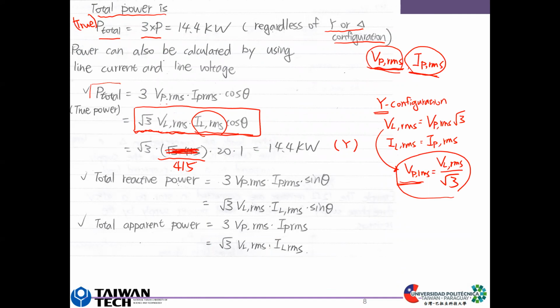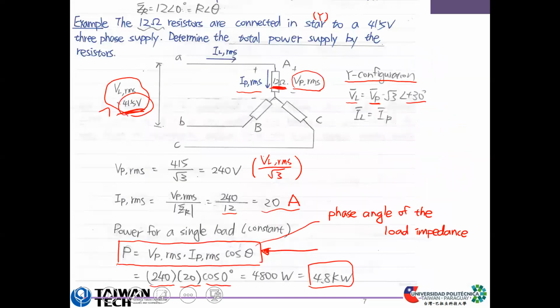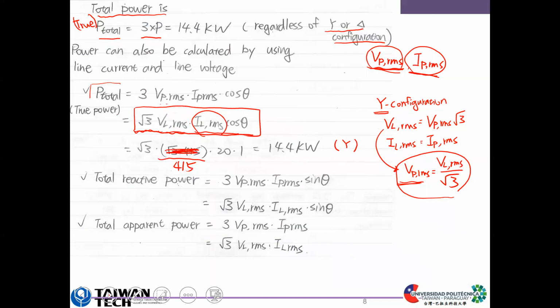Let me double check. Yeah, it's correct. Please make a correction: the line voltage RMS value is 415, and the line current RMS for this Y configuration is 20, and the answer is correct. Okay, and this is true power.